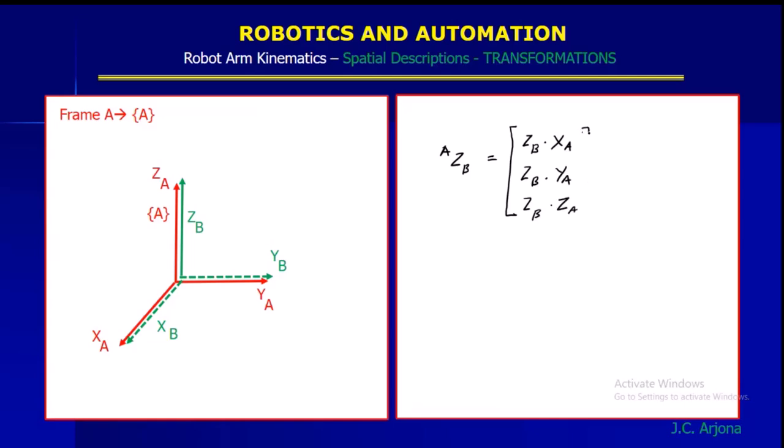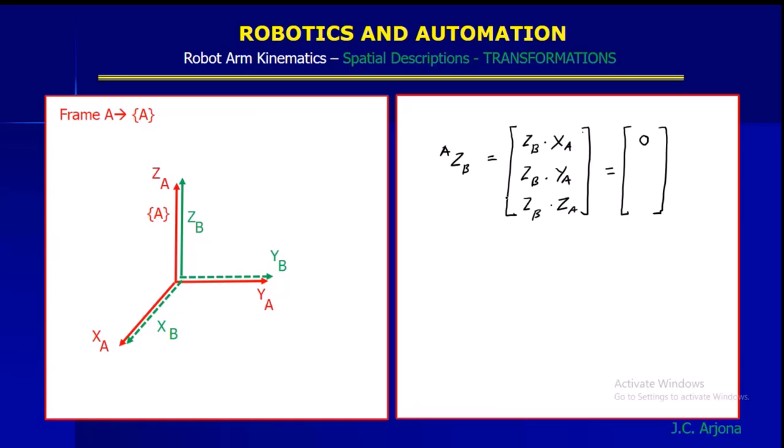So what will this be equal to? Look at the vectors. Your ZB dot XA: here is the ZB and XA, 90 degrees. Since this is 90, the dot product will be 0.